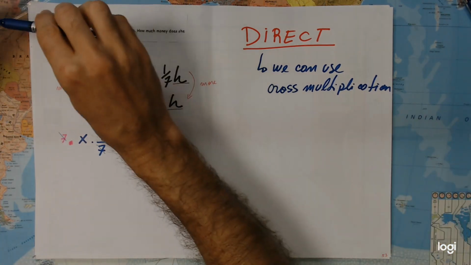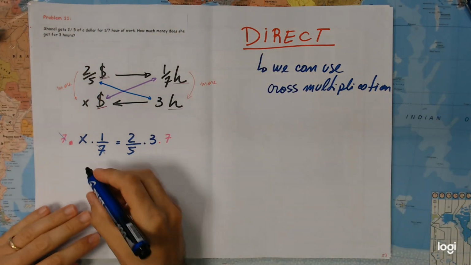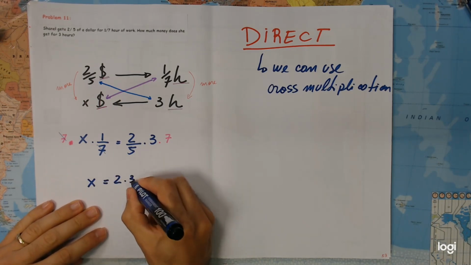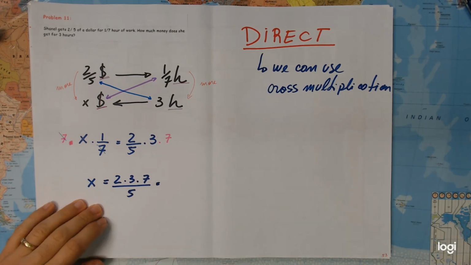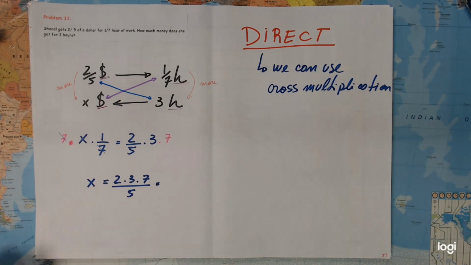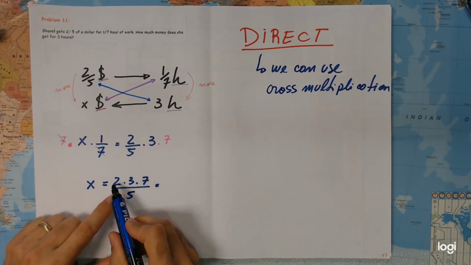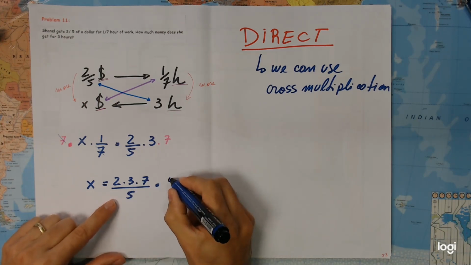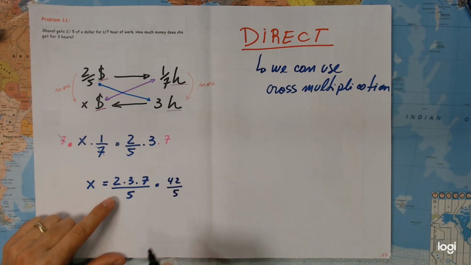And now we have just x equals 2 times 3 times 7 divided by 5. Okay? Well, this is not going to be a nice number, but let's see. 2 times 3 is 6. 6 times 7 is 42. This is going to be 42 divided by 5.